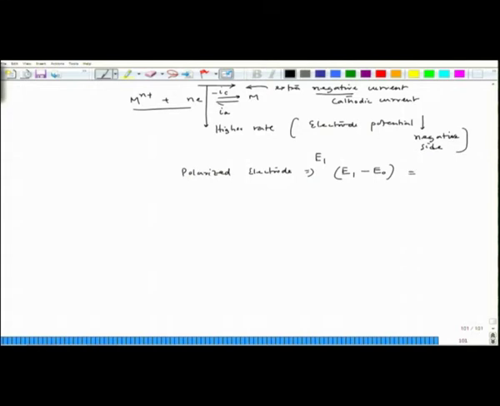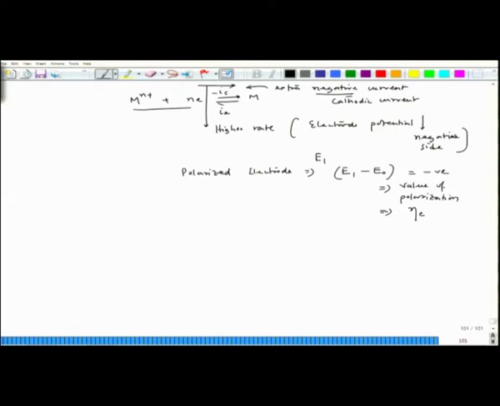This is also negative, since the potential goes to the negative side, and this is the value of polarization, or we call it eta C. C is nothing but the cathodic.